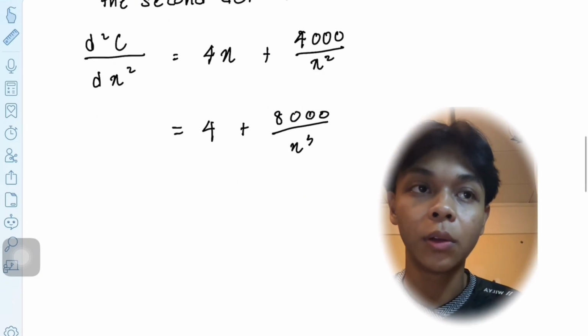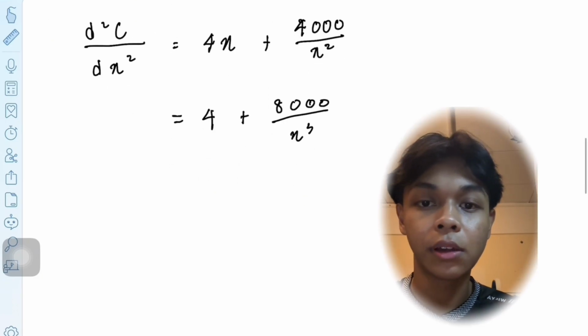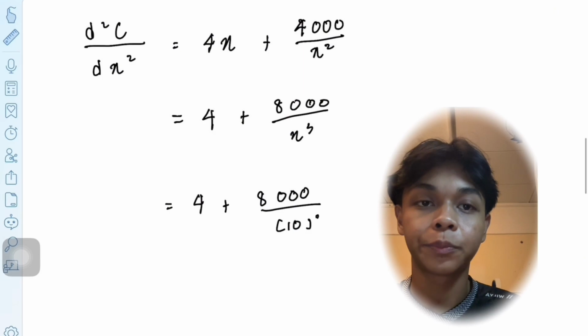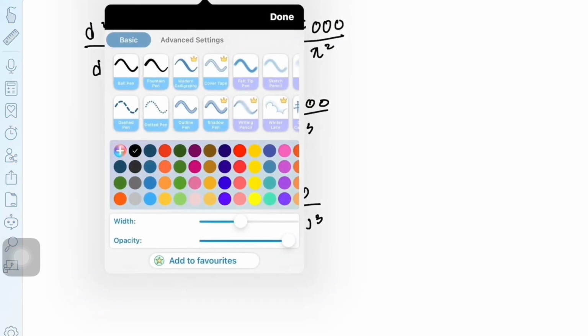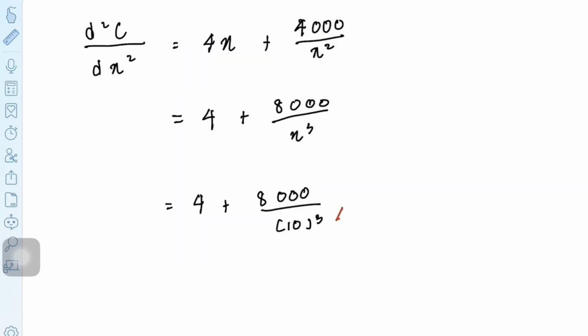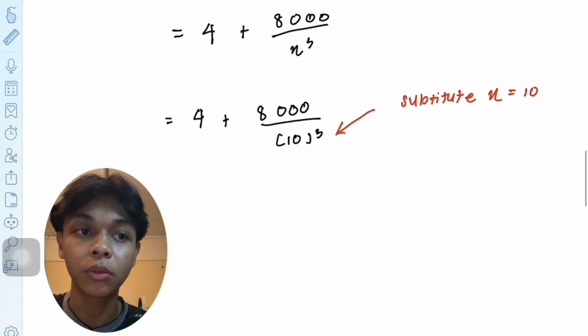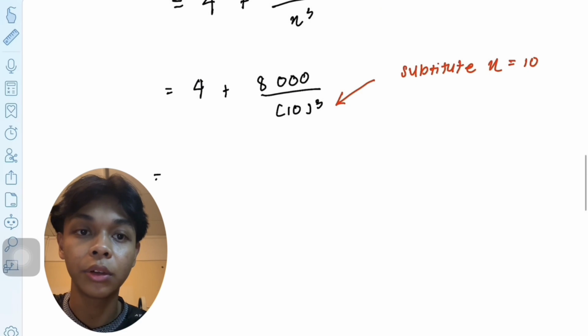Next, we need to verify the minimum using the second derivative. The equation is d squared C over dx squared equals 4 plus 8000 over x cubed. After we differentiate, we substitute x equals 10 into the equation.